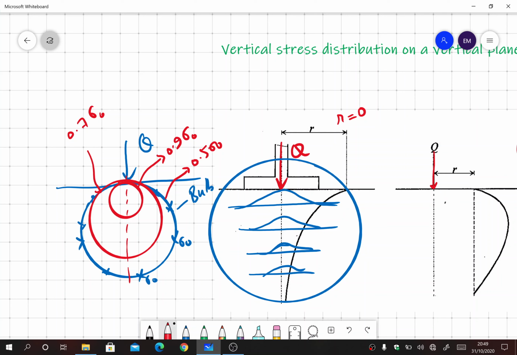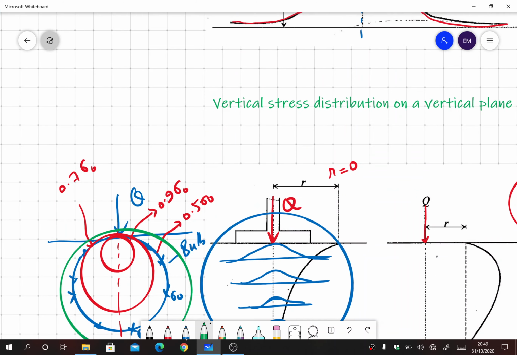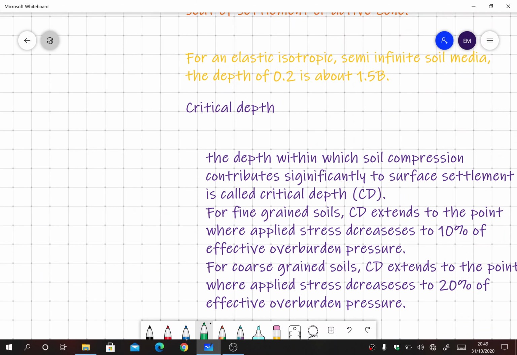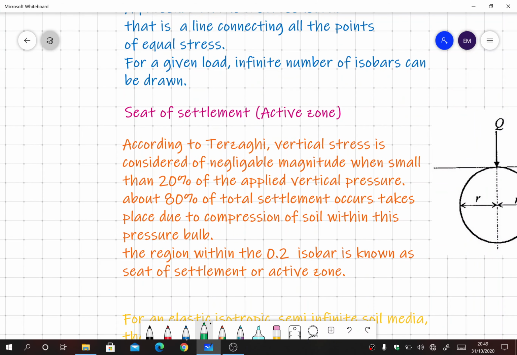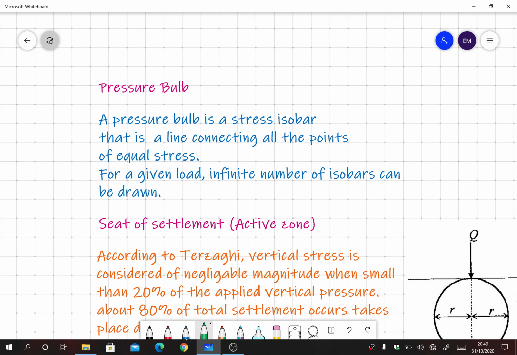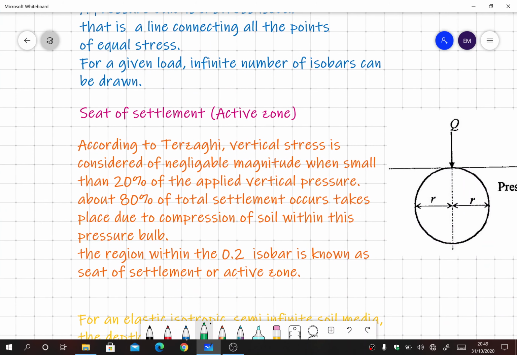Maybe I can draw a bigger one. Sorry, 0.2, because as we go bigger, the intensity would go on reducing. So this is how you can plot the pressure bulb by simply plugging in the values of R and Z. And you can do that for as many intensities as you want.